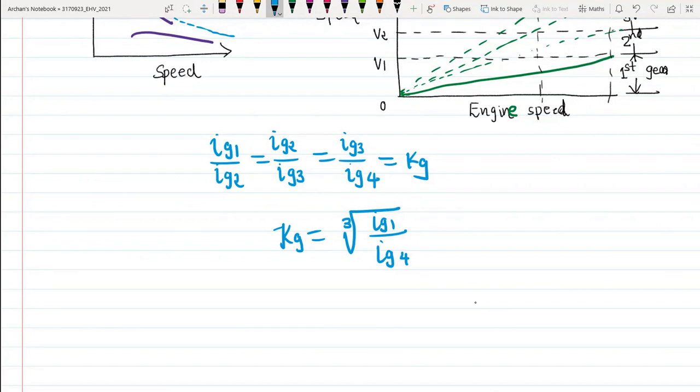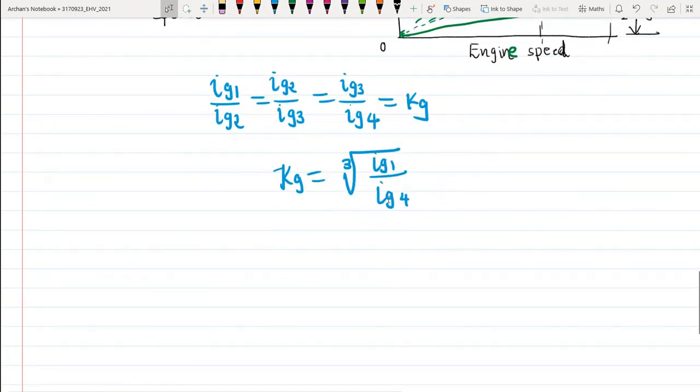Okay, so in a more general case, if the ratio of the highest gear, say IgN, and the ratio of the lowest gear, which is Ig1 in our case, have been determined and the number of gears is known, then you can find out the factor kg. So the factor kg is given by (Ig1 upon IgN) raised to 1 upon (Ng minus 1).